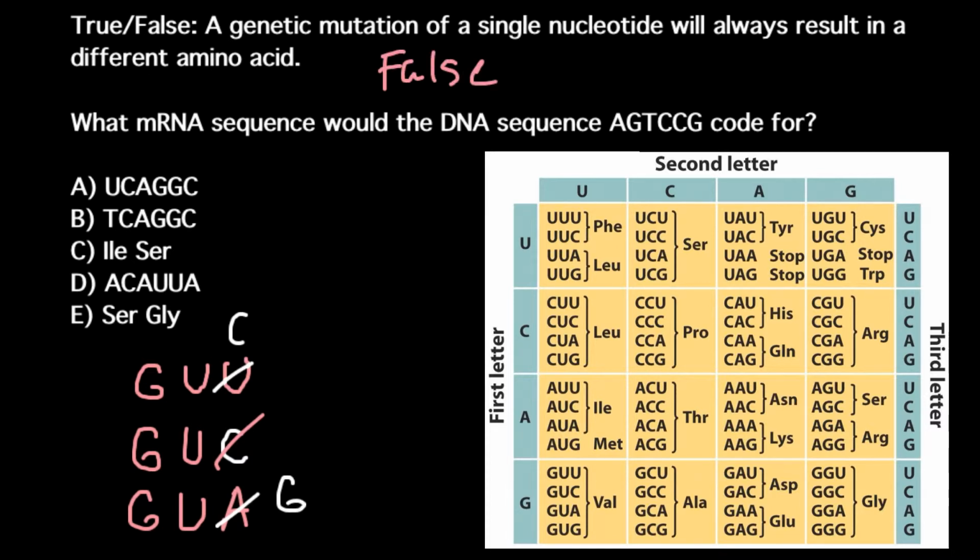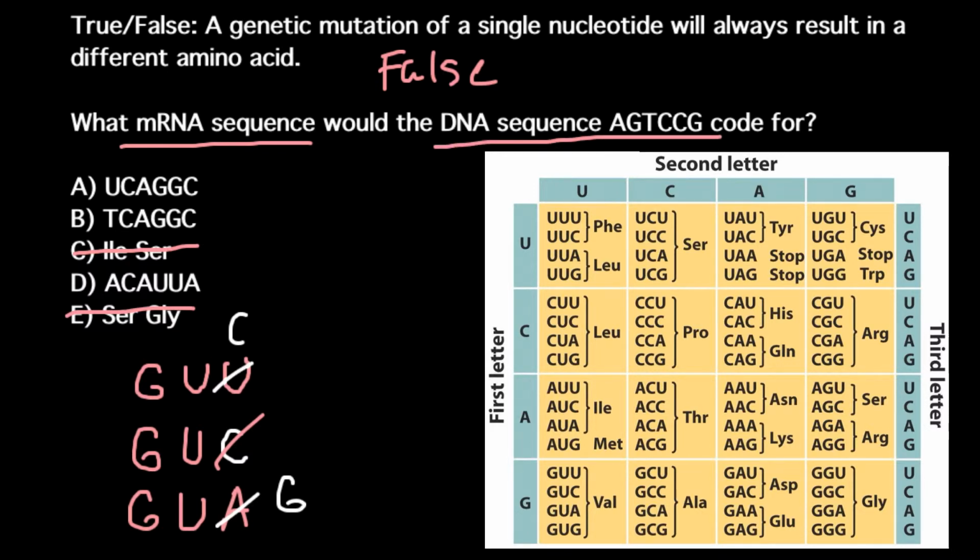Second question: what messenger RNA sequence would the following DNA sequence code for? If you look at the answers, we can cross out answer C and answer E right away, because we have to give an answer of what messenger RNA sequence this DNA sequence would code for.